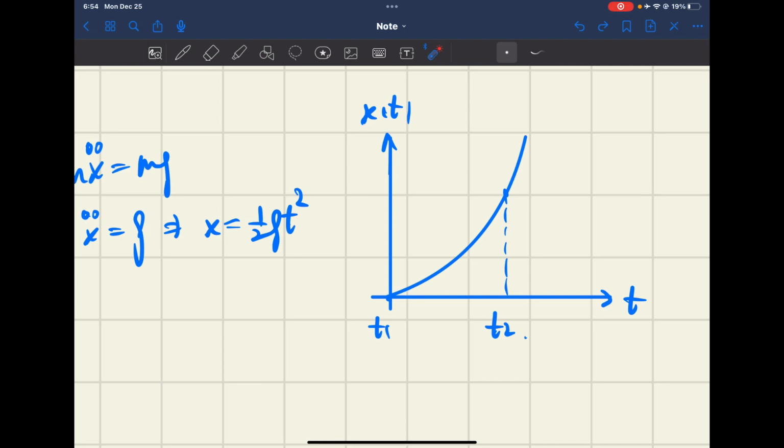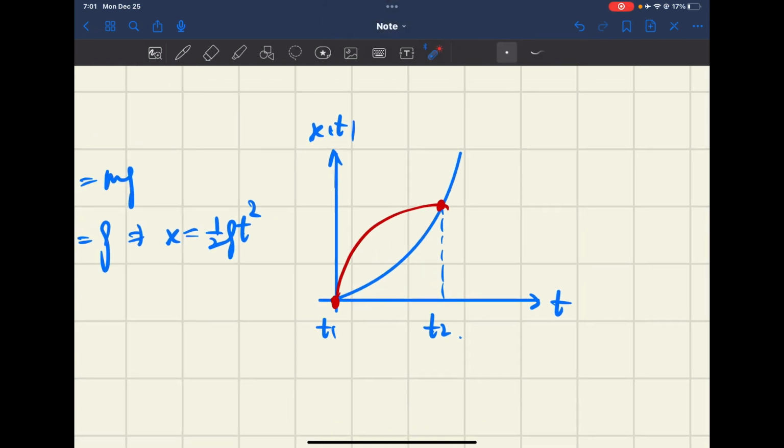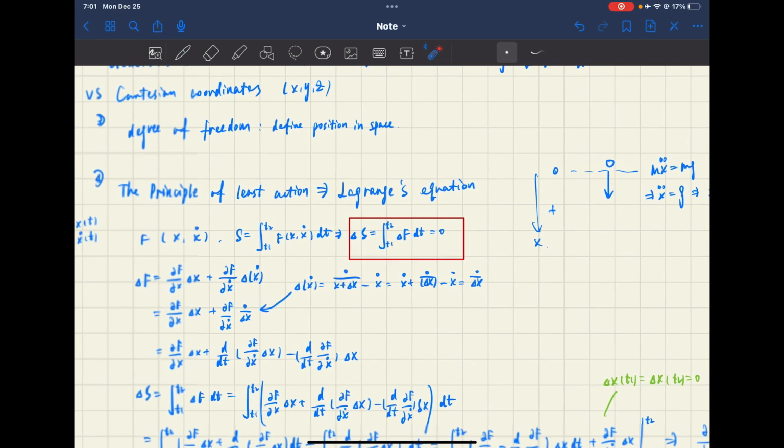So the scientists began to question: if we determine the starting point and the end point of an object, why doesn't it follow another path like this? In other words, the question is, what's special about this curve? Why does it follow this one?